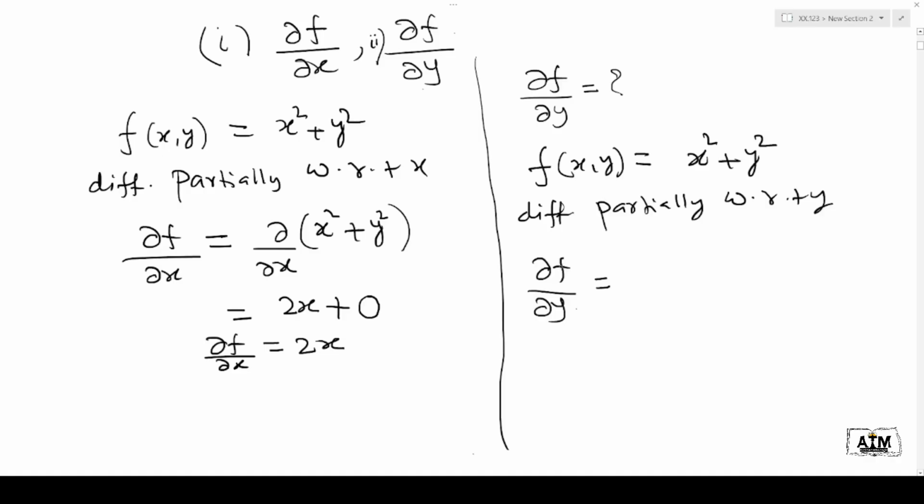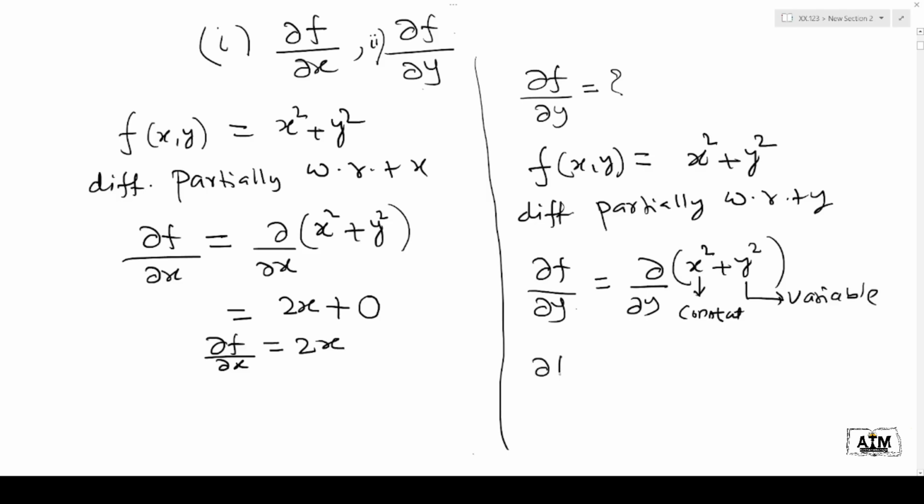So the partial derivative of f with respect to y equals the partial derivative of x square plus y square with respect to y. Now, treating x as a constant and treating y as a variable.